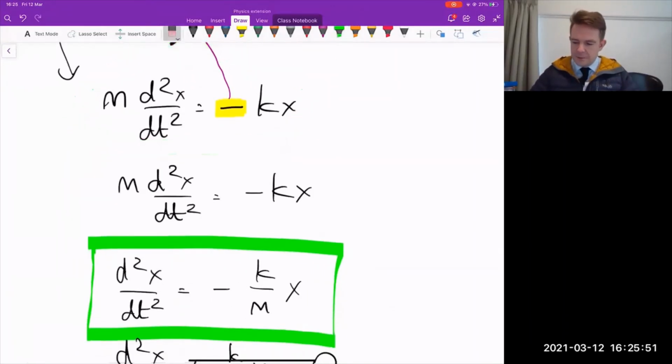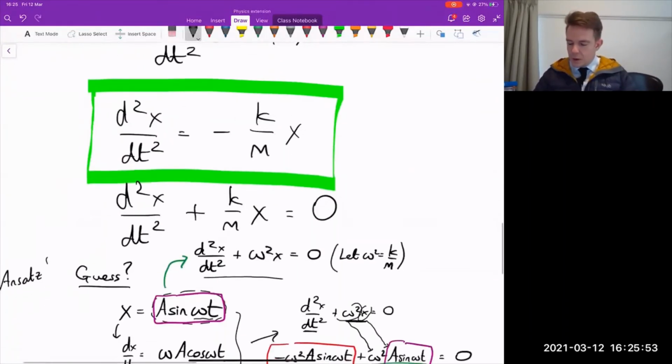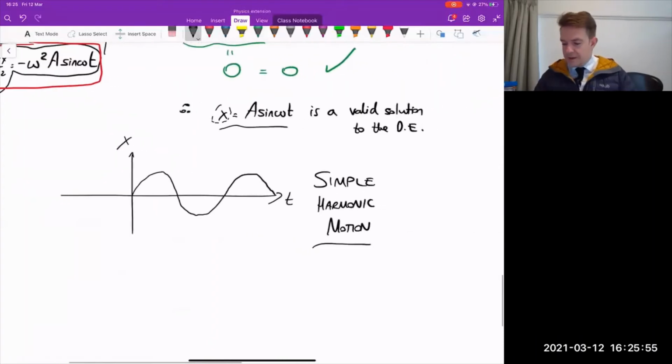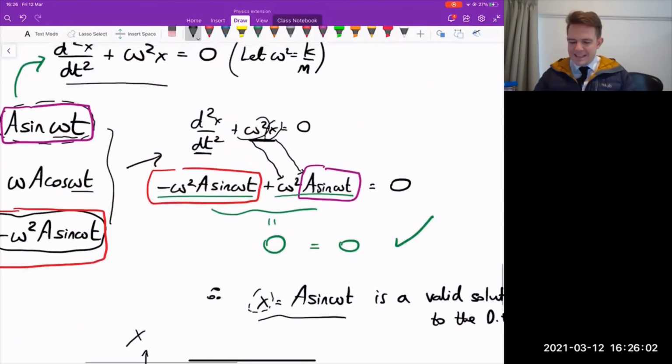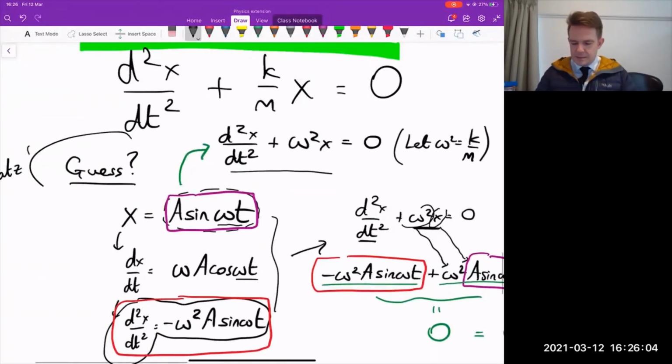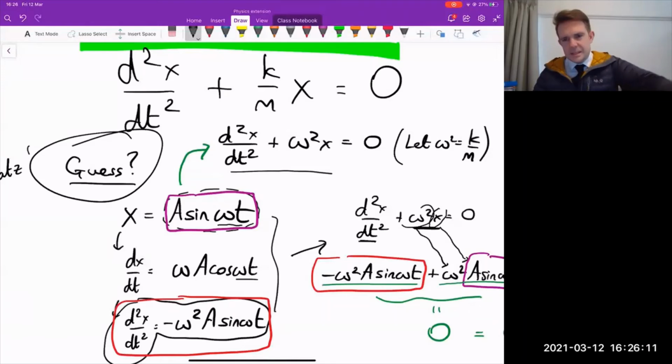If we follow through with the maths, what comes out? Trigonometric, sinusoidal, oscillating motion. Now, I guessed that, didn't I? This was a guess, remember, because I know what the solution is already, and I showed you that it is the solution.